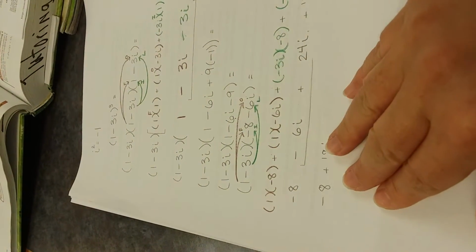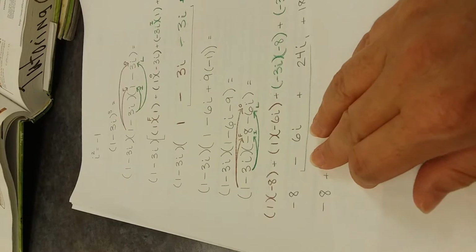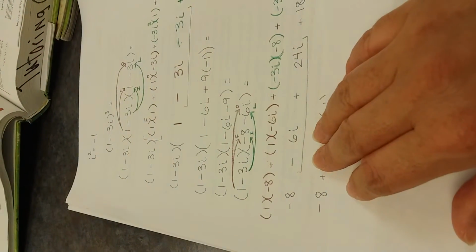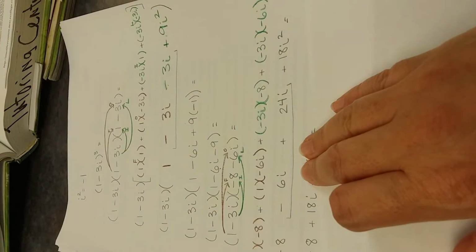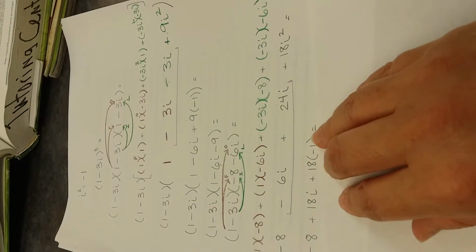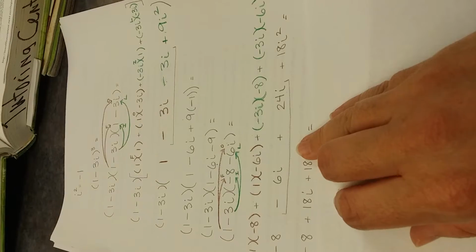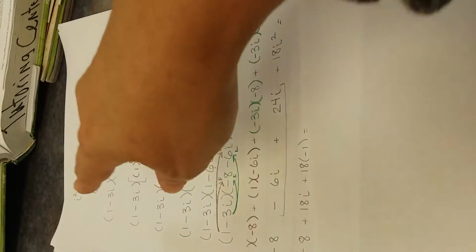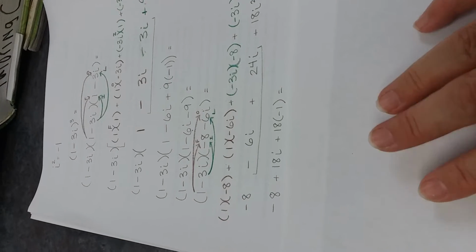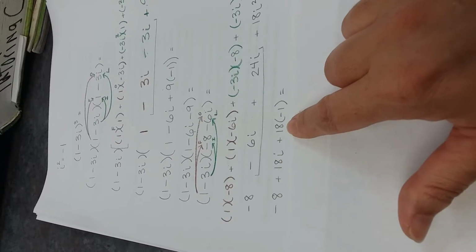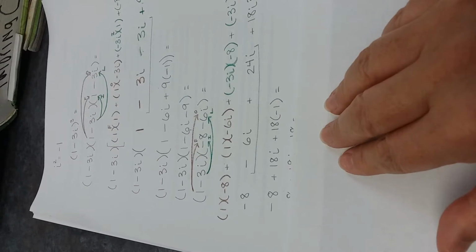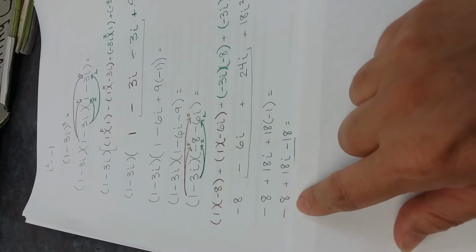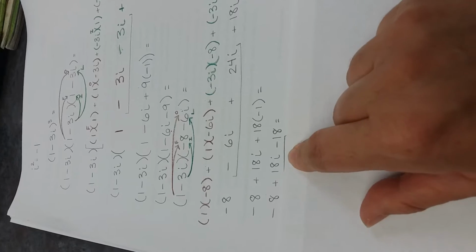So I've got my negative 8 here, and then I've got my positive 18i, and then I bring down my positive 18, but instead of i squared, I put negative 1, because that's what they told us up there. Okay, so then the next step is to multiply positive 18 times negative 1, and that gives me negative 18, and as for the rest, I just brought it down.